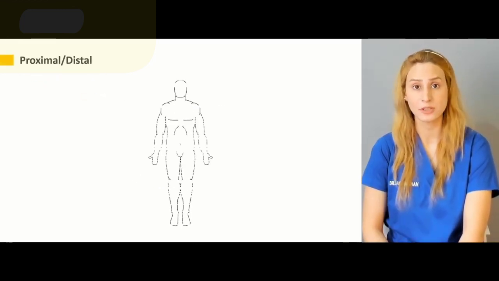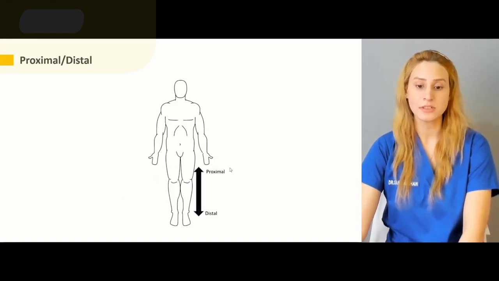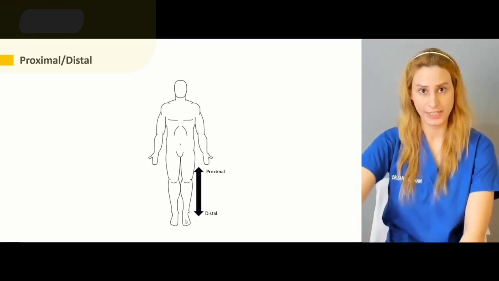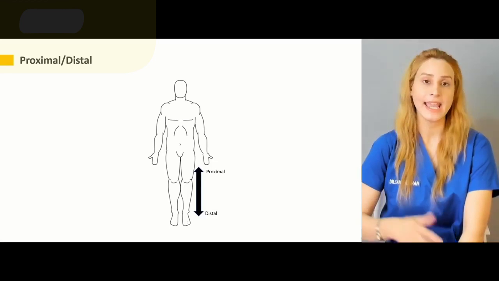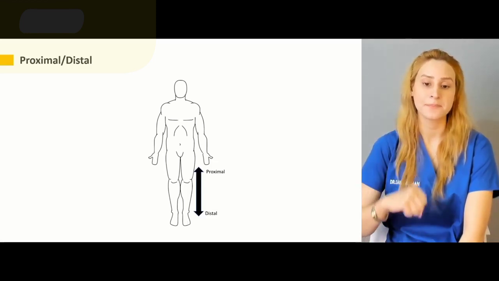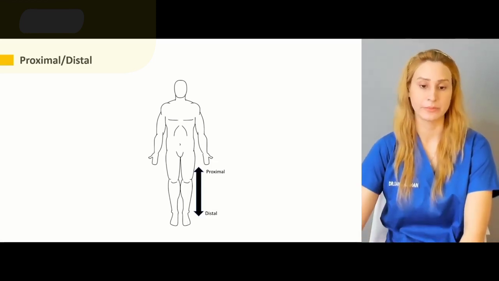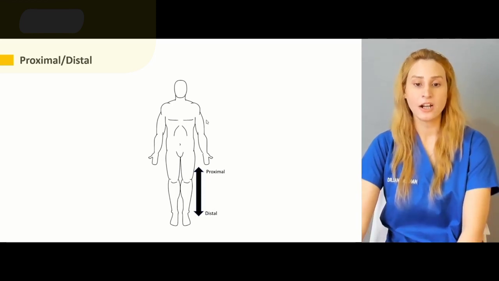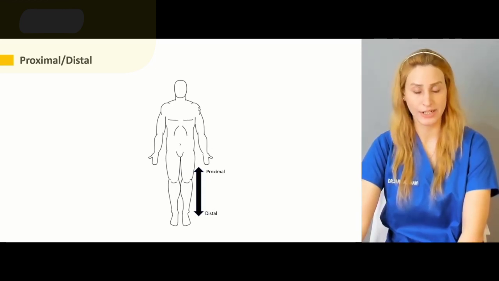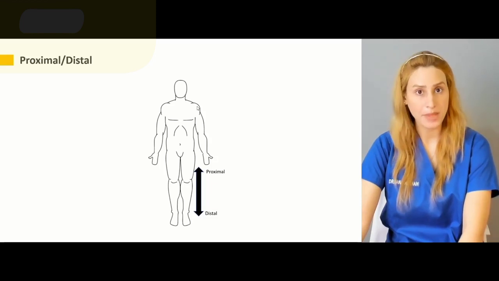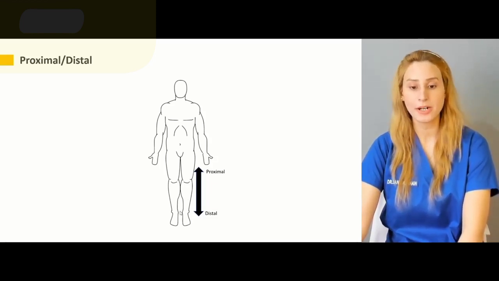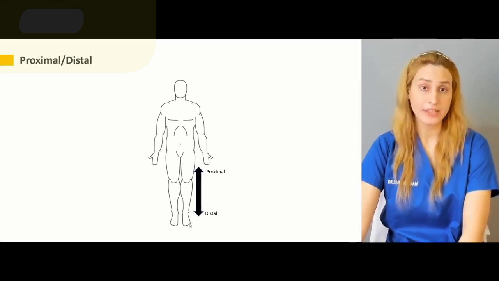Then you have proximal and distal. Distal is away from the center point, and proximal is close to the center point. Let's suppose you're talking about the shoulder joint. The shoulder is proximal and the hand is distal. But when you talk about the lower limb, the foot would be distal and the thigh would be proximal.